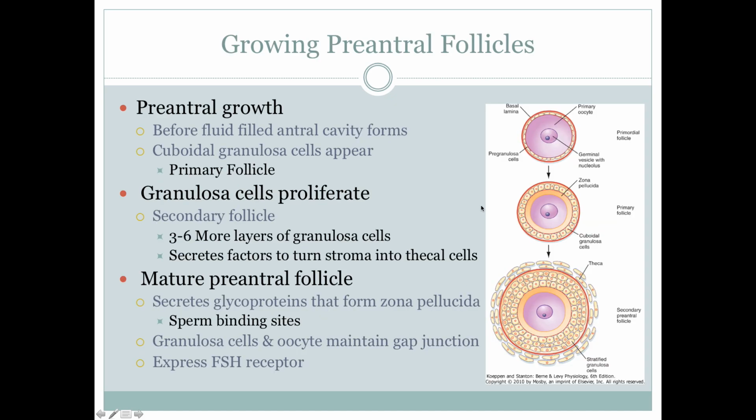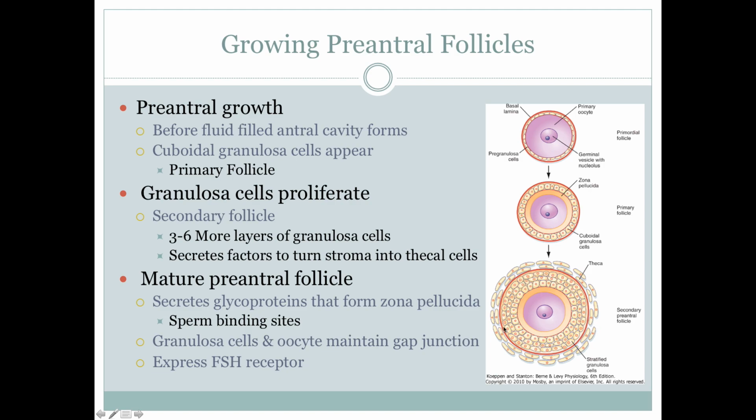Okay, and as I mentioned, as these primordial follicles start to get bigger and bigger, they really just take on more structure. So they develop a cavity around them so that nutrients can be there. There's granulosa cuboidal cells. These granulosa cells just spread and grow, they proliferate. And eventually we have a secondary follicle. So that's 3 to 6 more layers of cells.